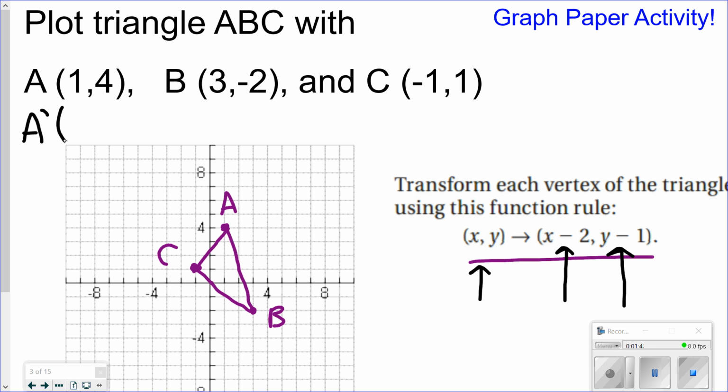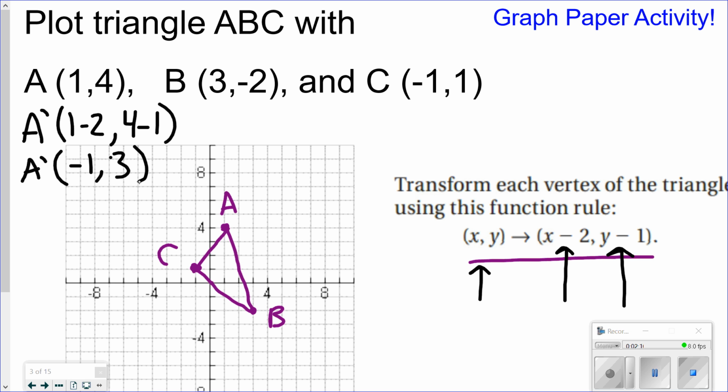A prime is going to be our original x, which is 1 minus 2, comma, and then our y value is going to be the original y, which is 4 minus 1. So if I simplify, my A prime is 1 minus 2, which is negative 1, and then 4 minus 1, which is 3.